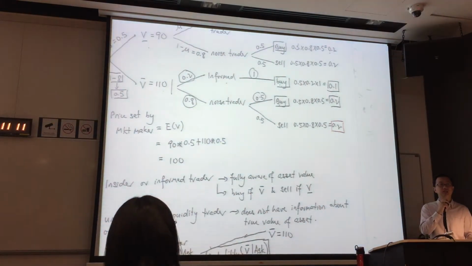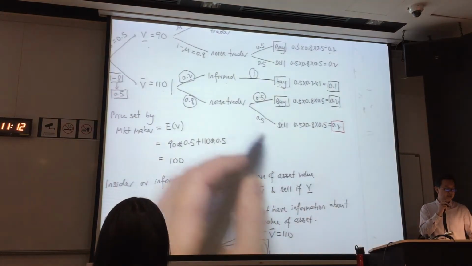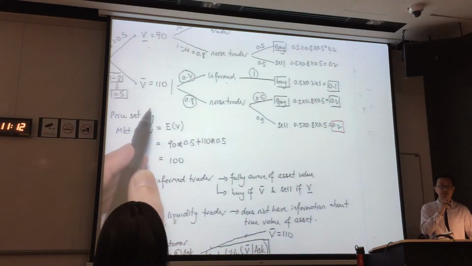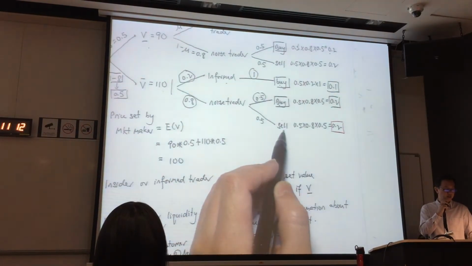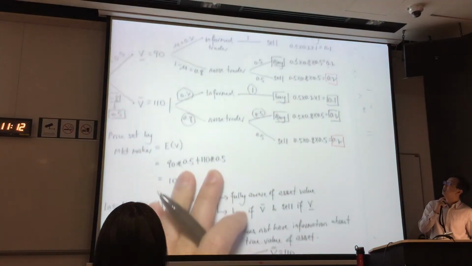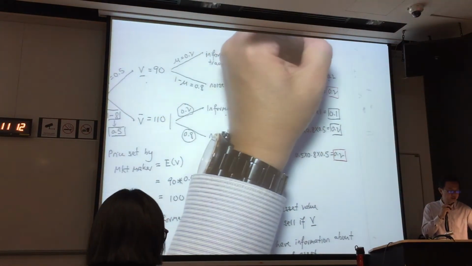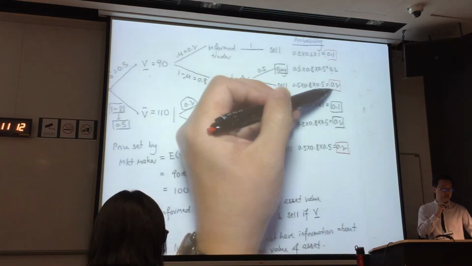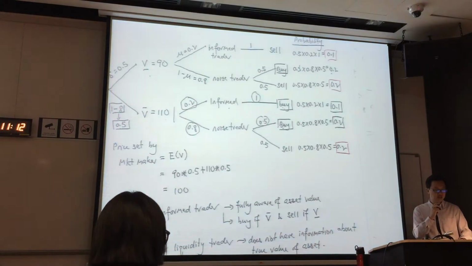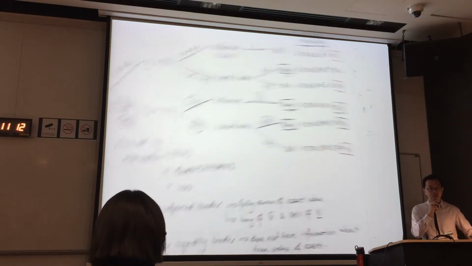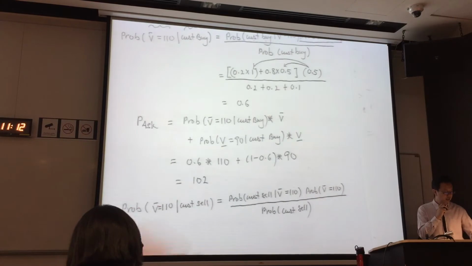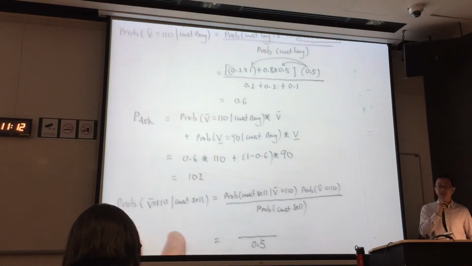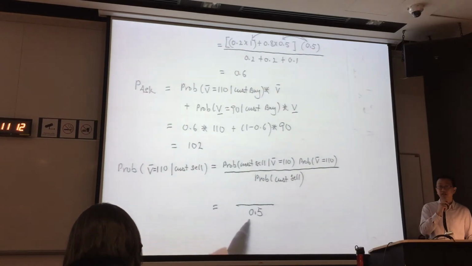What is the total sell probability? Sell can arise from value is 90 and from value is 110. So there's one sell here, another sell probability here, and another here. So what is the unconditional sell probability? 0.2 plus 0.2 plus 0.1, so there's a 50% chance that the customer is selling.